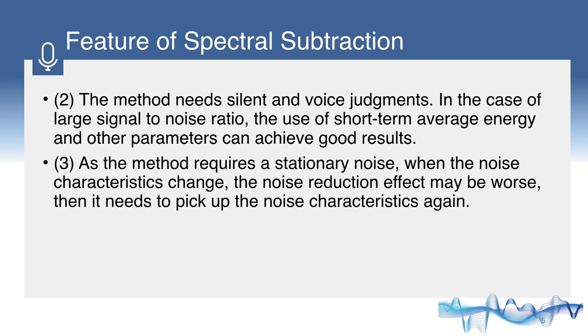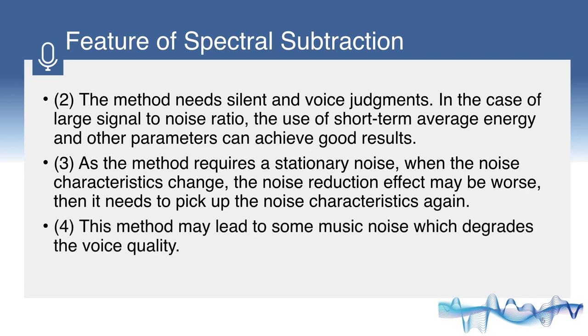As the method requires a stationary noise, when the noise characteristics change, the noise reduction effects may be worse. Then, it needs to pick up the noise characteristics again. This method may lead to some musical noise which degrades the voice quality.